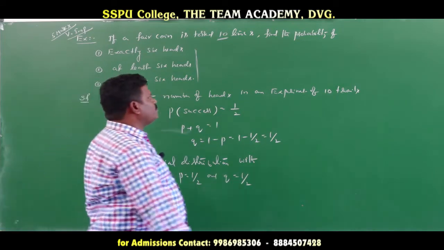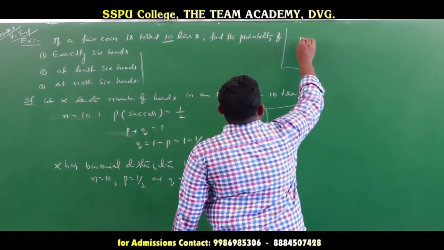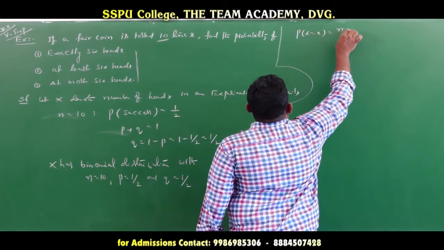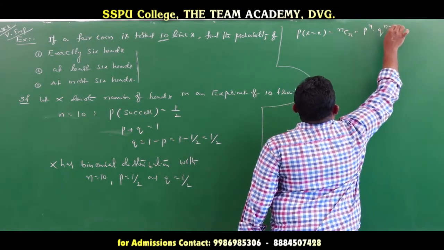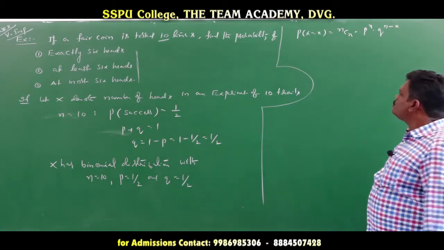Now, which formula do we use here? The probability distribution formula. Probability of X is equal to small x, nCx into P power x into Q power n minus x, where x is equal to 0, 1, 2, and so on up to n.